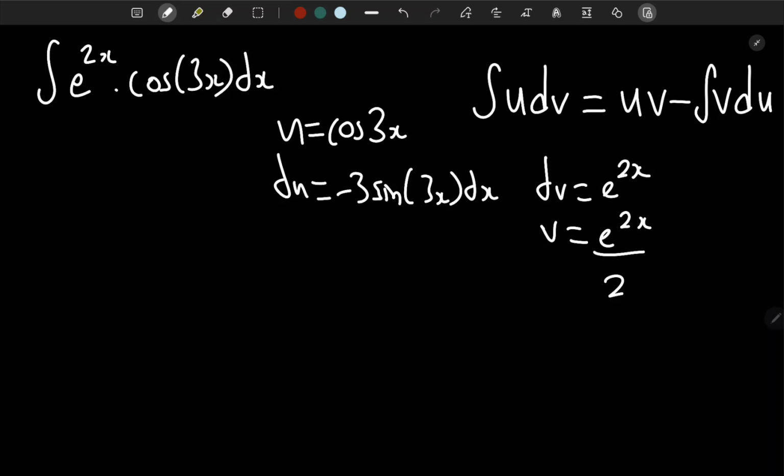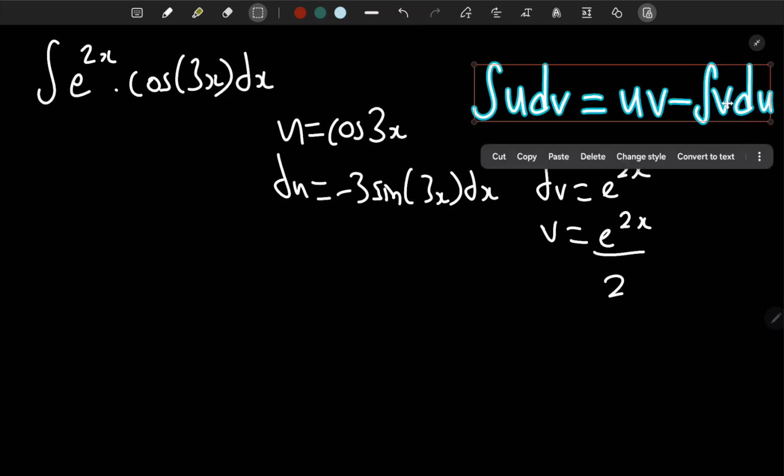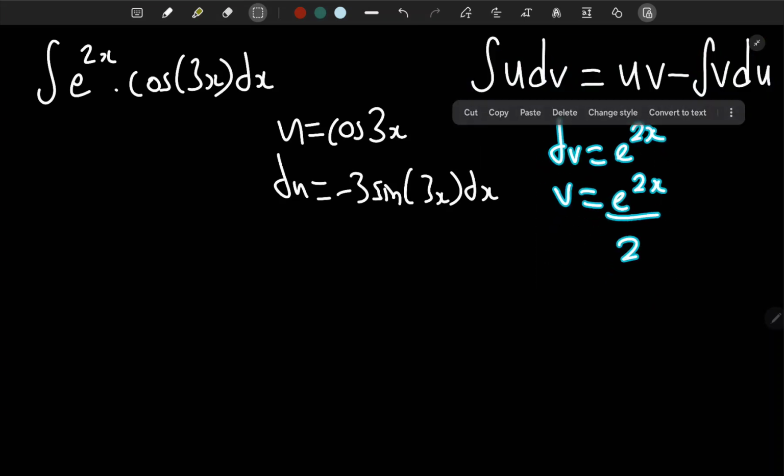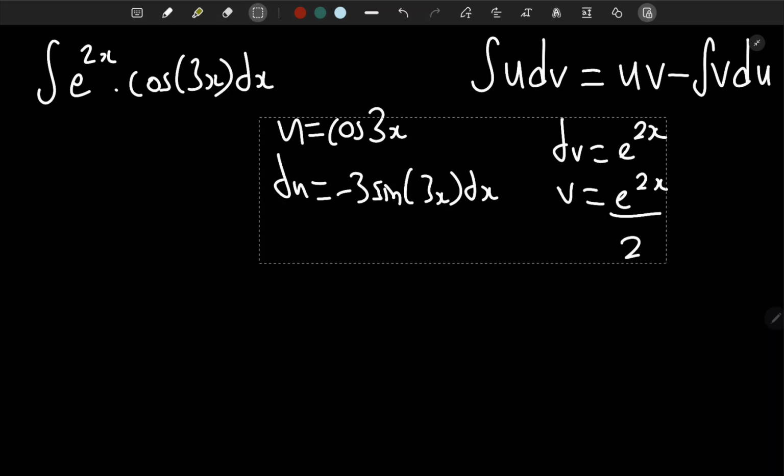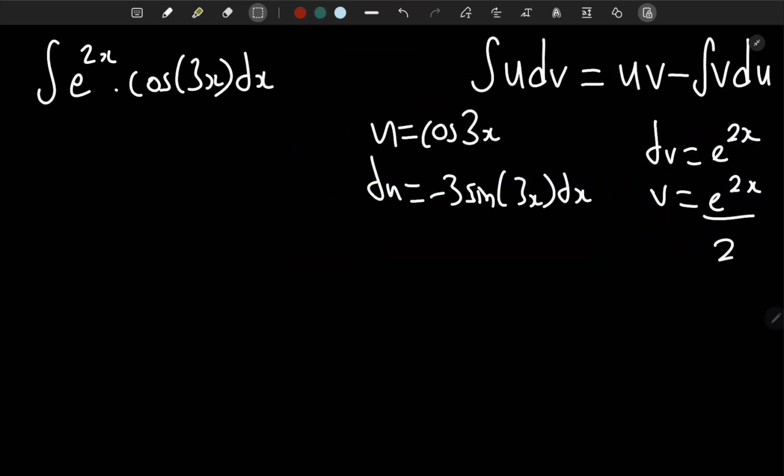So now let me make more space. Let's write the formula out. It's going to be uv, u here is cosine 3x, v here is e to the power of 2x over 2.